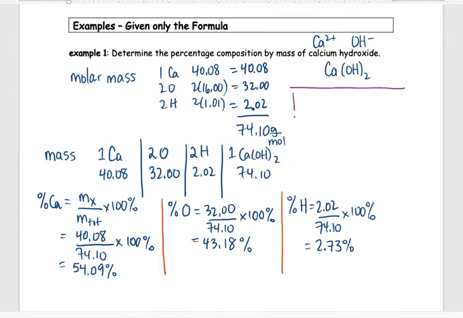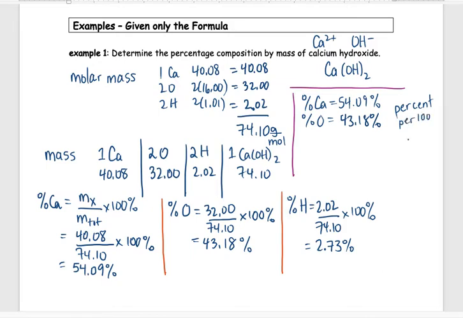Basically, you would have had so far, after calcium and oxygen, calcium had 54.09 percent, and oxygen had 43.18%. When you find a percent of something, the word percent is actually per cent, like in French, so per 100.